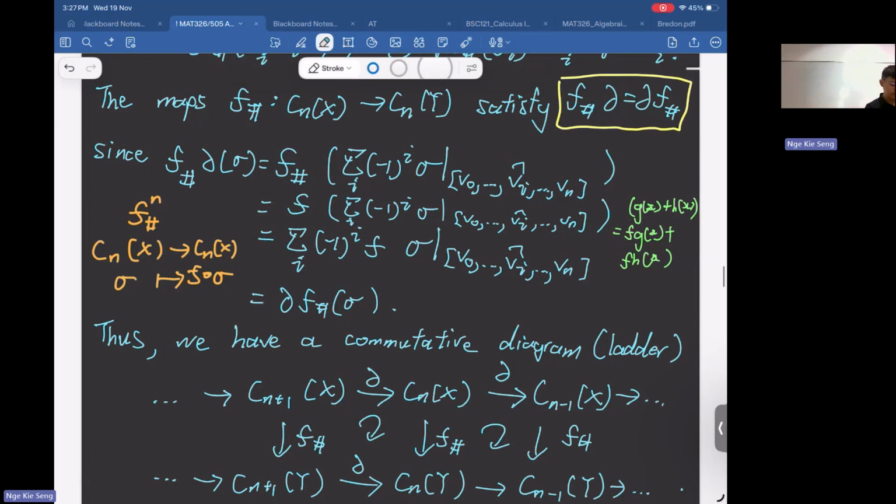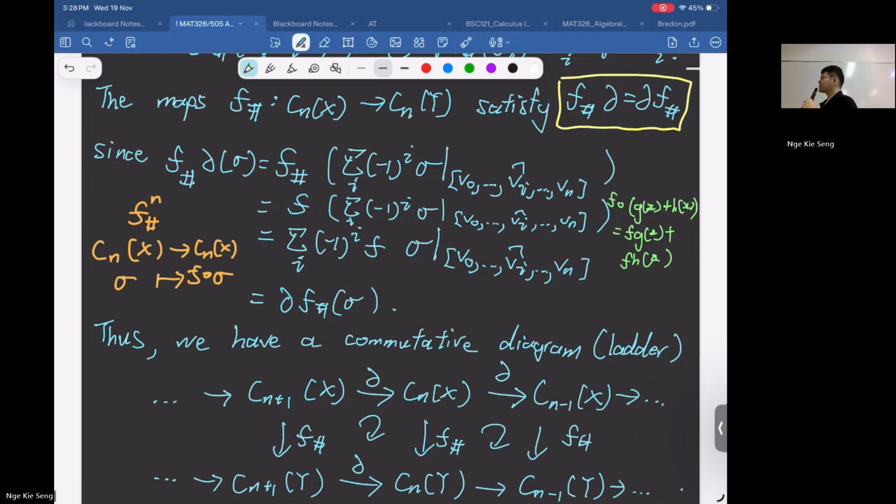Okay, I just split it up. So the commutativity here is just applying the definition of function. Anything to add here?